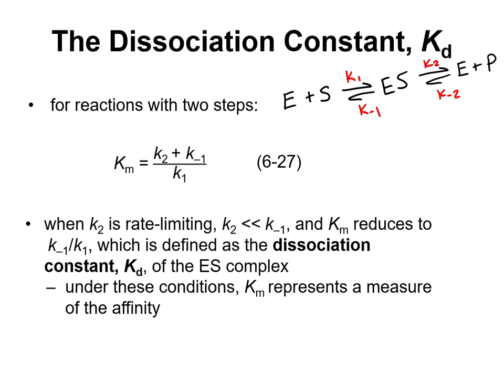So it's k2 plus k minus 1. So that's the 2 different routes that the enzyme substrate complex can take, divided by the formation of ES. If k2 is rate limiting, then that means that k2 is small, right? It's going to be smaller than the other rate constants.